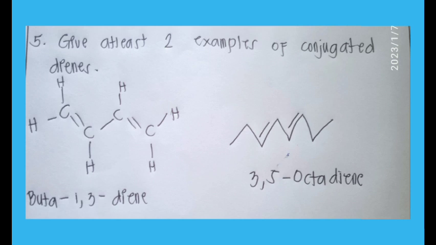For the second example, the parent name is octane, so we have octadiene. It is the same as the first example in that the double bonds are separated by a single bond. So that's how I ended up with the answer for number 5.